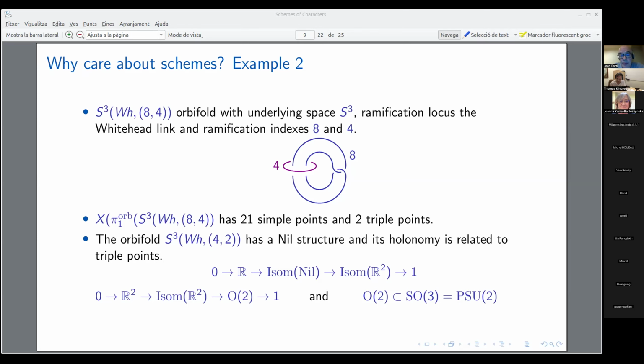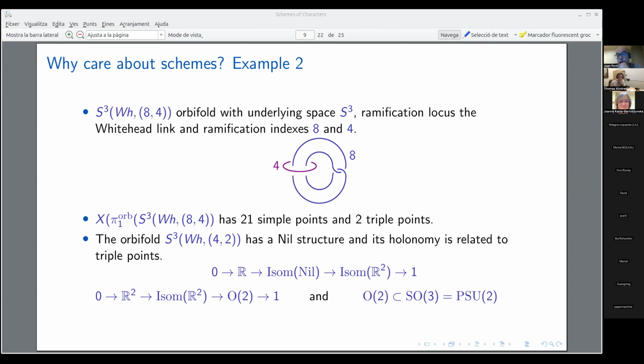You look at the rotational part, the matricial part, which is in O2 now, not SO2, but O2, and the kernel consists of translations of the Euclidean plane. Well, the issue is that this O2, you put it as a subgroup of orientation preserving isometries of the space. And in fact, the group of isometries of Nil is orientation preserving, and this goes to PSU2.